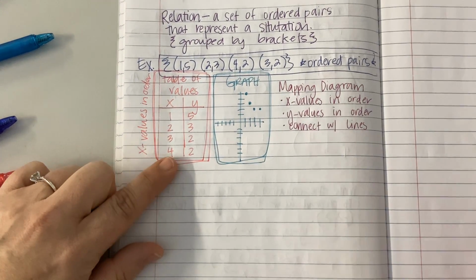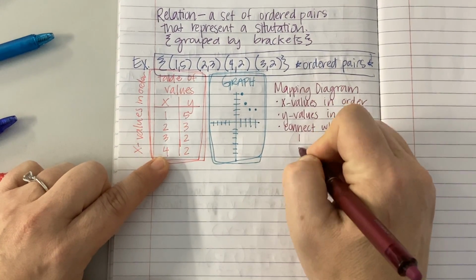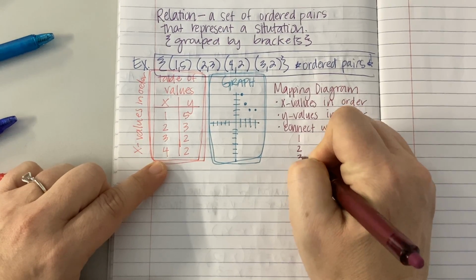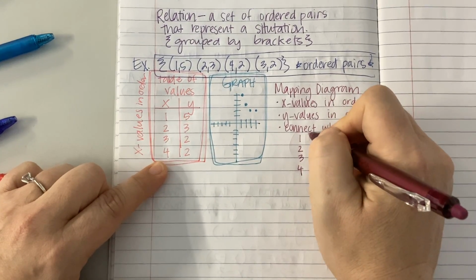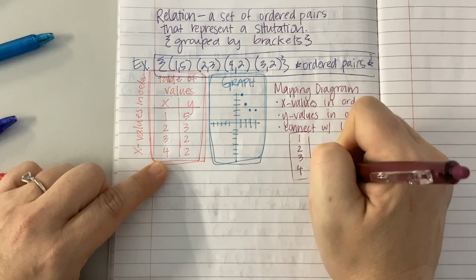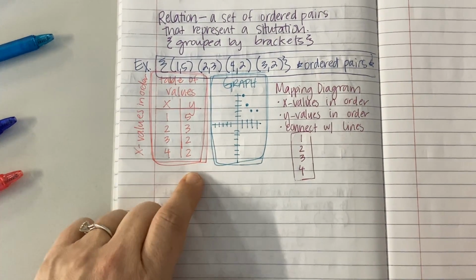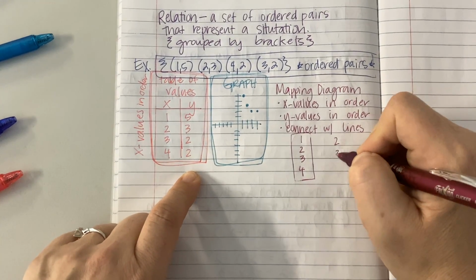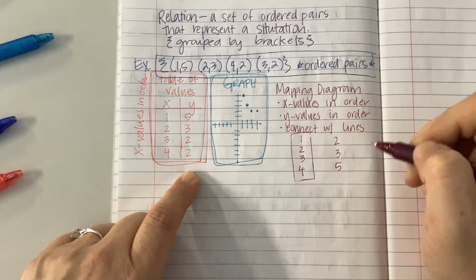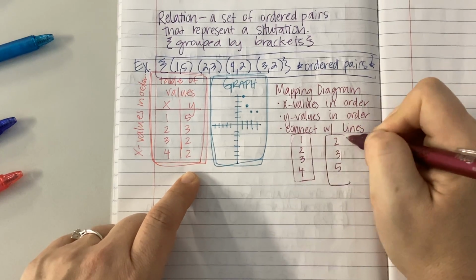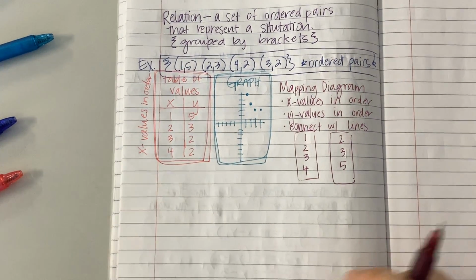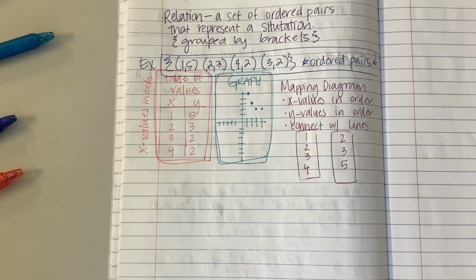So for example, I would do 1, 2, 3, 4. Put it in a box. And then for my Y values, I would do 2, 3, 5. Because the 2 repeats, I only list it once.